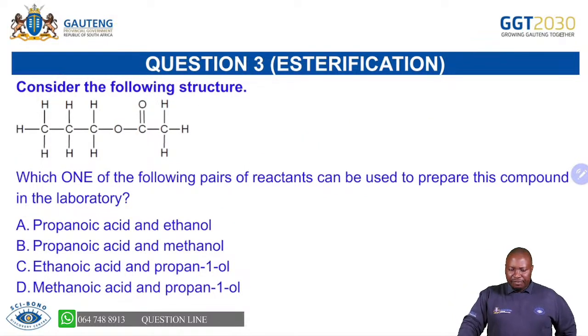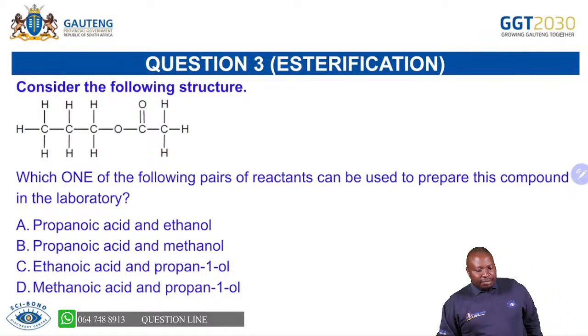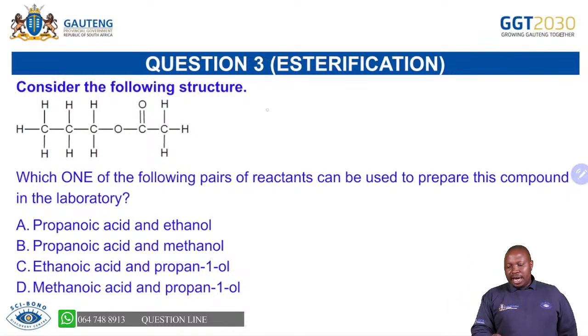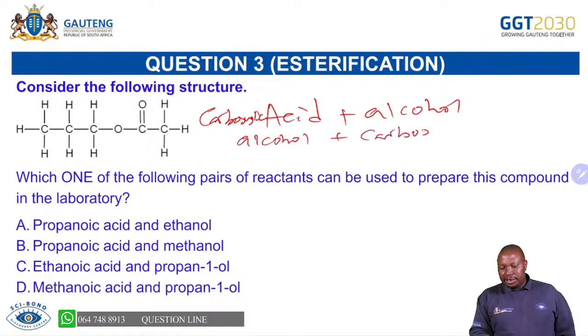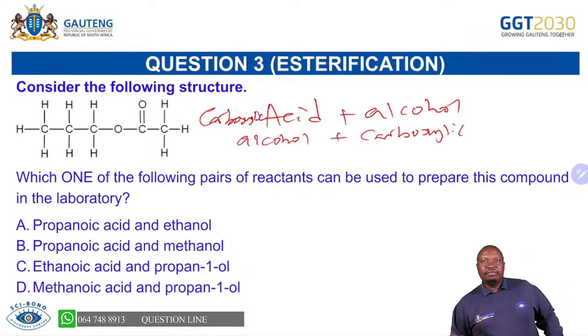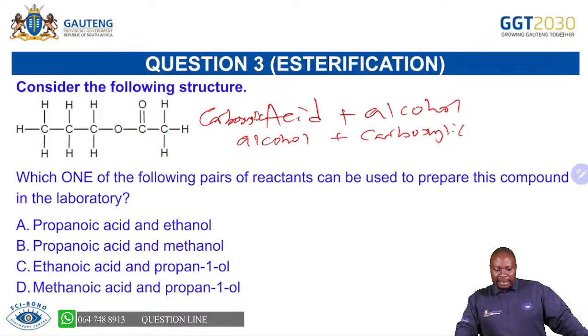Now, esterification. Under esterification, we remember we're having an acid and an alcohol, a carboxylic acid and an alcohol. They are reacting together. It's even much better when you say it's an alcohol and carboxylic acid, because it makes it much easier when you have to write the name of the product.